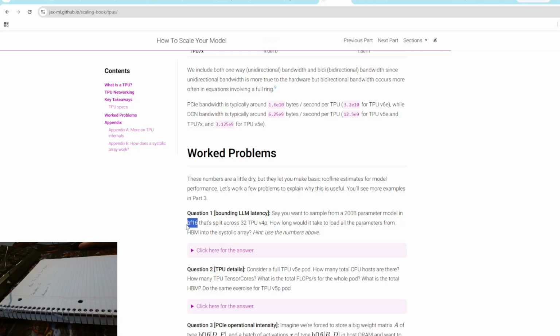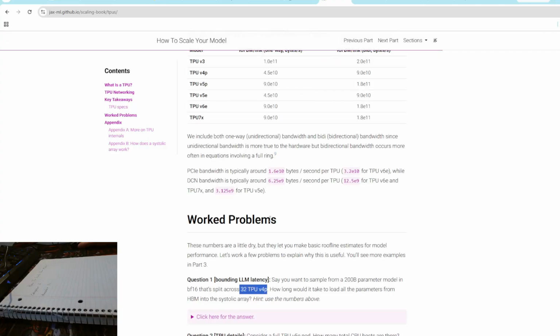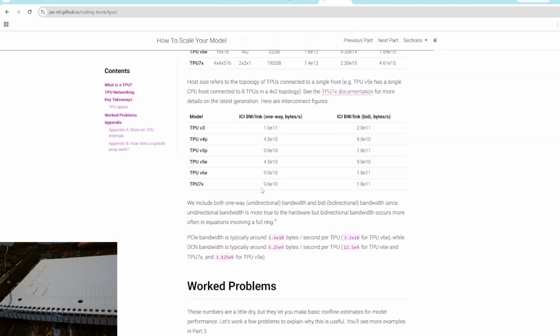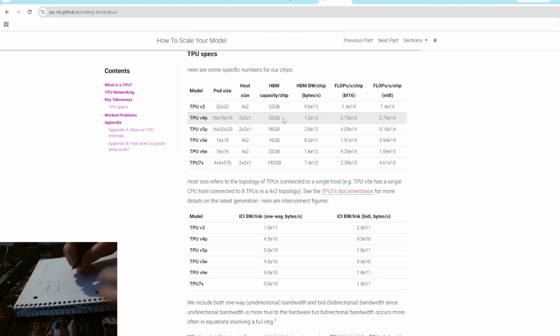I hope we don't have to calculate how many bytes are in a 200 billion parameter model. So you have 32 TPUs. We might actually have to do that, unfortunately. Okay. We have 32 TPUs, they're V4P, so let's just write this down first.